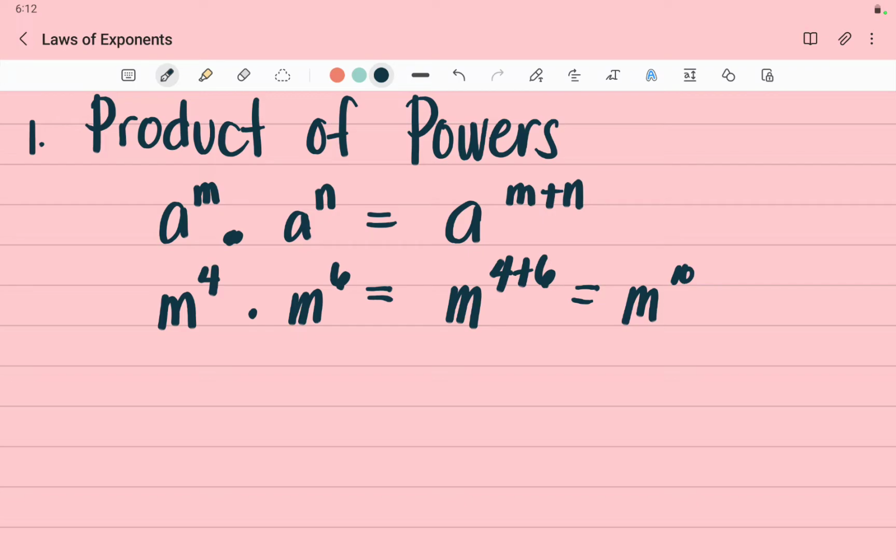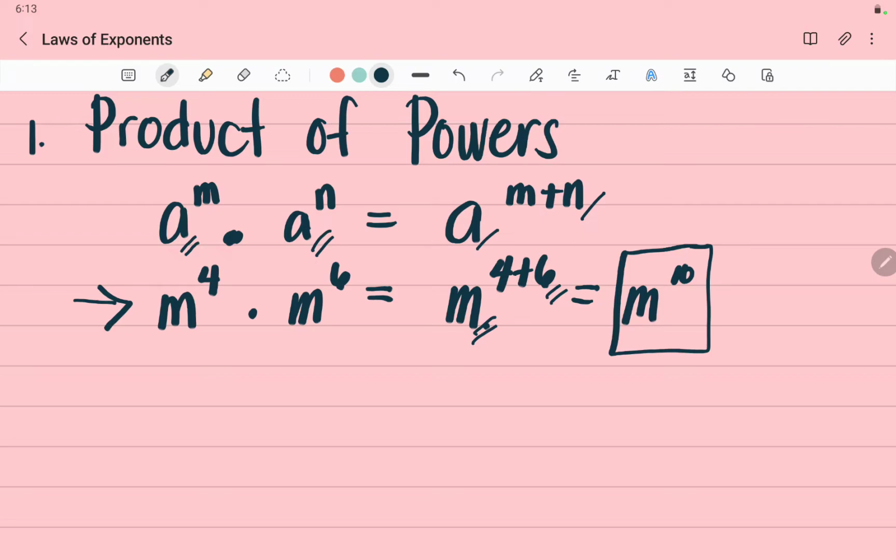If we have the same bases, we will just copy the base and add the exponents. For example, m raised to 4 times m raised to 6 is equal to, copy the base and add the exponents. So we have our final answer, m raised to 10.